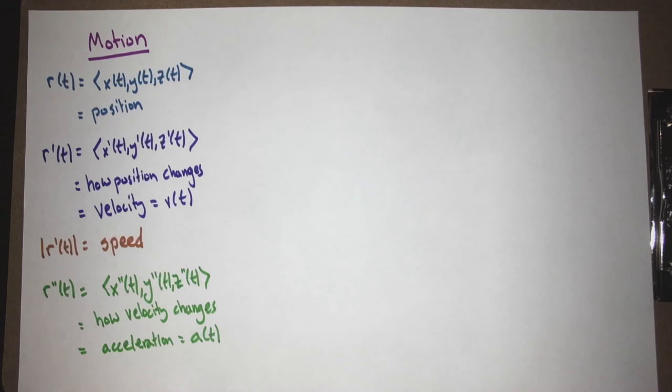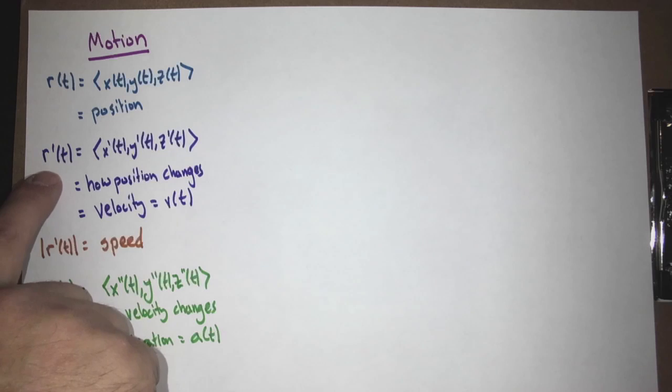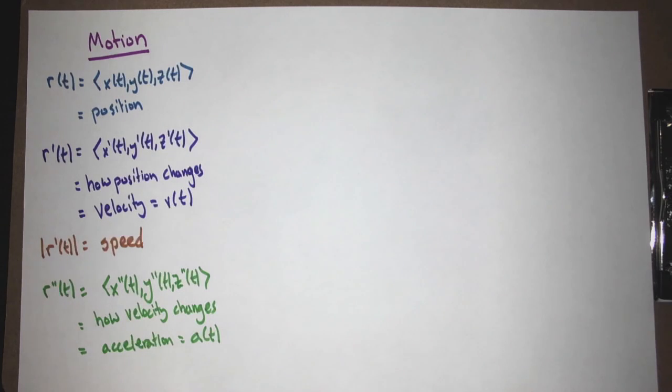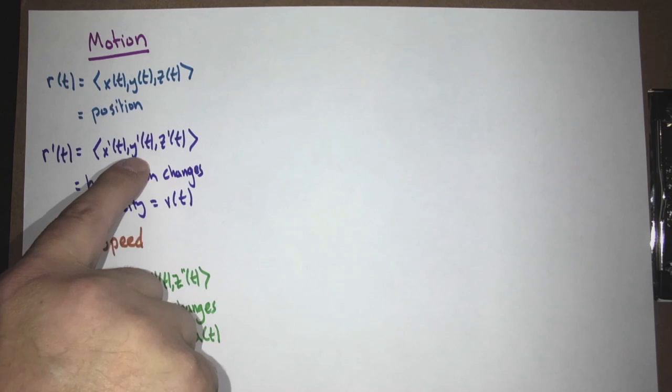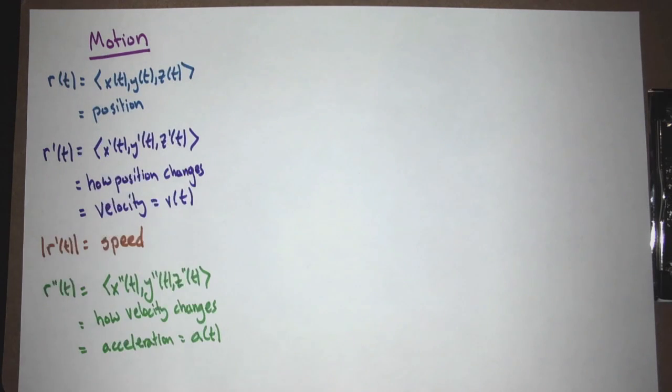So if I want to know how position changes, I take the derivative of position, and that's our r prime of t. And of course, the punchline is that when I want to take the derivative of a vector valued function, I work with it entry by entry. So that means the derivative of the first entry, derivative of the second entry, derivative of the third entry.